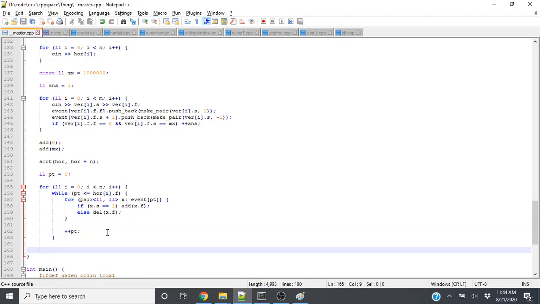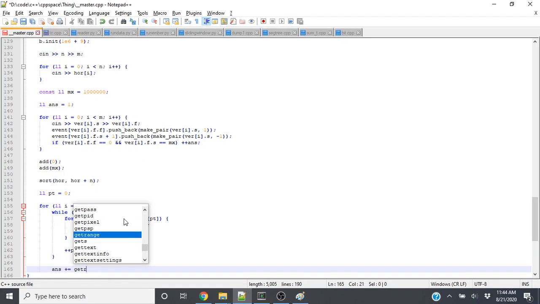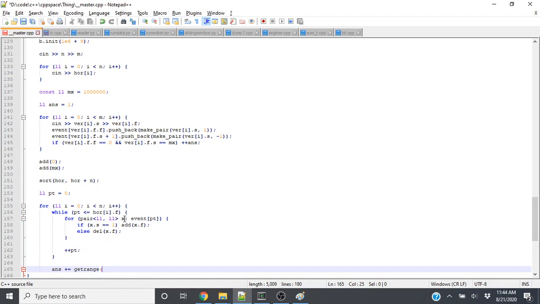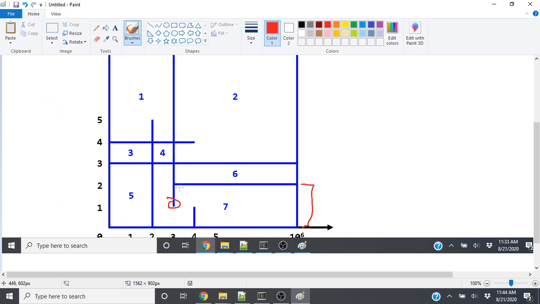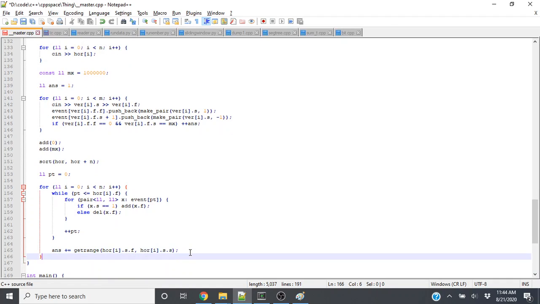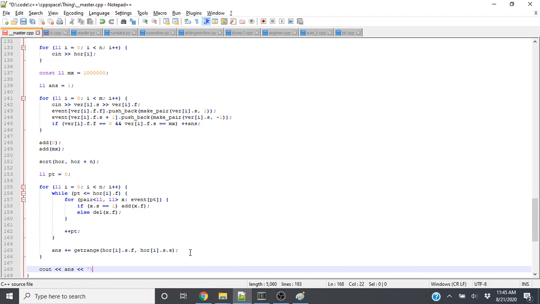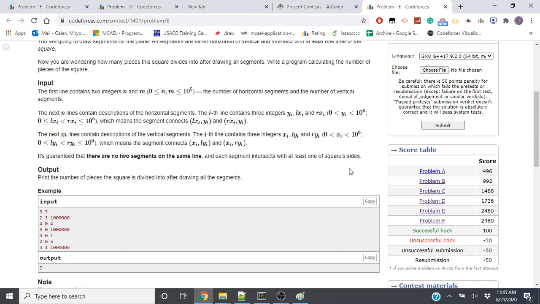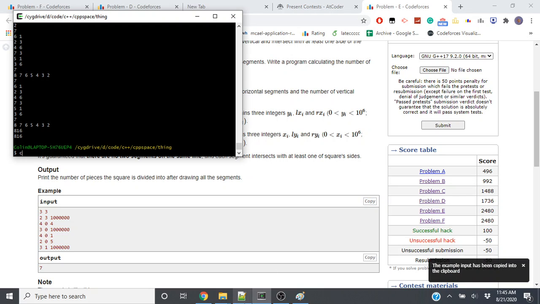Perfect. Now ans plus equals get range horizontal i dot second dot first dot second dot second. This is just the horizontal range, like that, for example. What did we just do? Okay. Alright, let's test it.